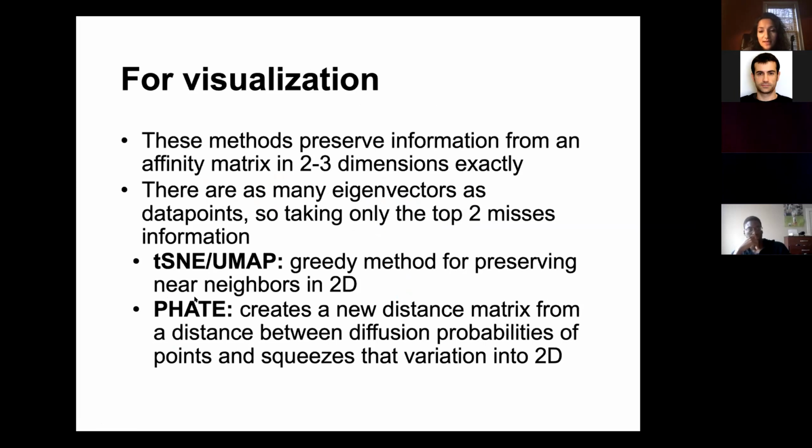In the remaining time, I'm going to talk a little bit about methods that are specifically meant for visualization, rather than just getting nonlinear components out and then trying to cluster or do something else with them. The reason these methods are for visualization is because they are trying to come up with the best possible dimensionality reduction that preserves as much information of whatever kind that they choose in 2 or 3 dimensions, so you can really visualize your data.